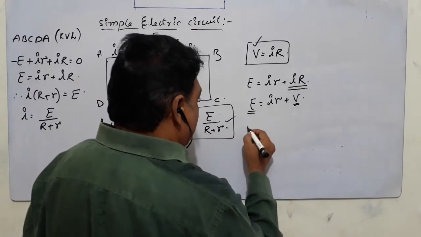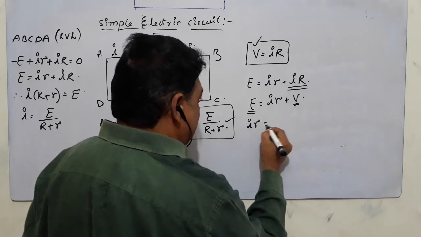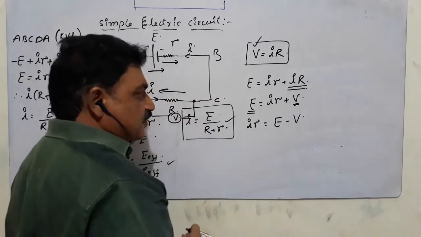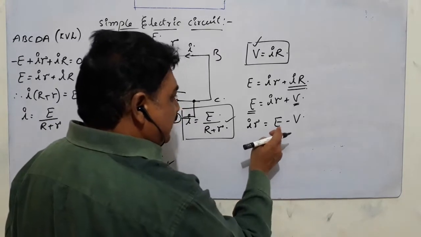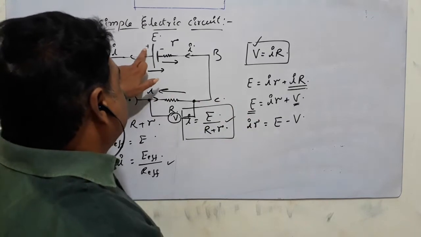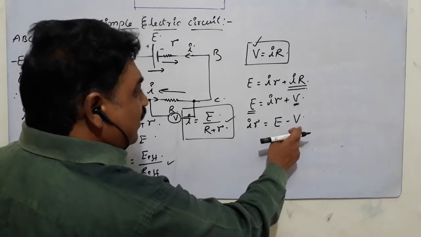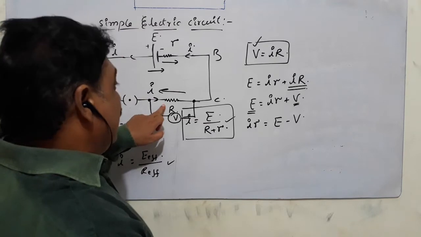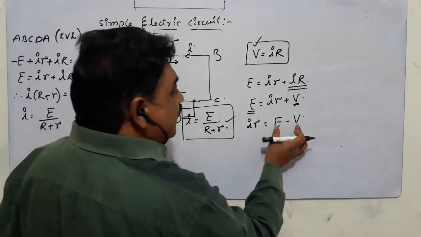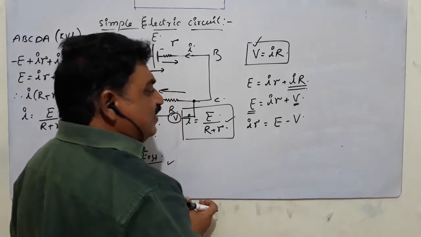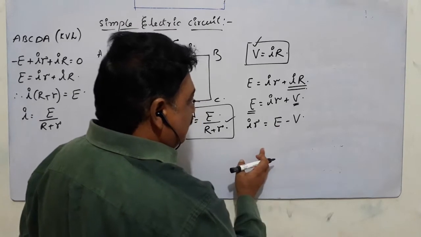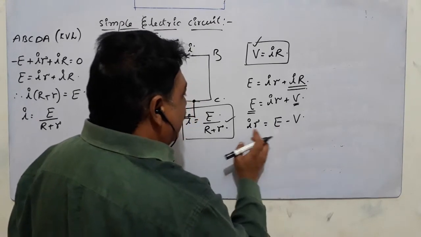What about Ir? This Ir is equal to E minus V. That means if E is the total energy supplied by the cell, V is the energy utilized by the external resistor, or some energy difference is there in driving that charge, that is nothing but E minus V, and this is equal to Ir.